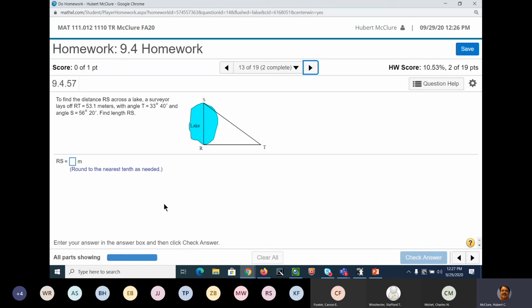And angle S is 56°20'. Well, that's silly right there because you wouldn't have angle S since you're not going to set up in the lake. Okay, they just subtracted it from 90 is what they did.